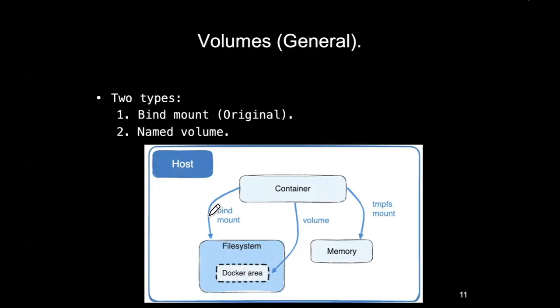So that's the core difference between a bind mount and a named volume. Bind mounts are actually visible within the file system. We can actually see that part of the file system, whereas named volumes are internal to Docker, and we can't access them from any kind of host-based application like Windows Explorer.